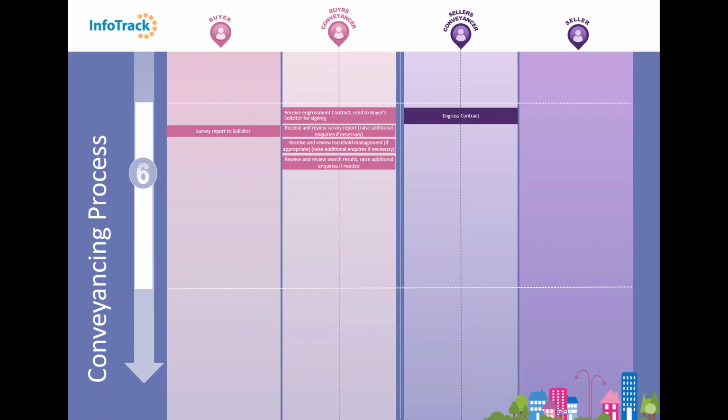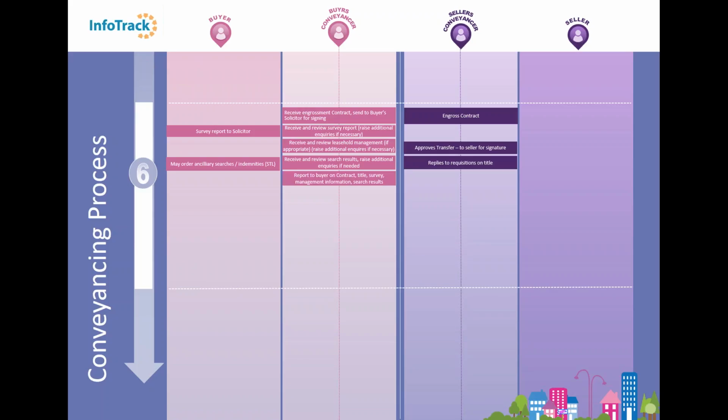They may also at that stage order some of the ancillary products that we've shown there, so if any risks have been highlighted, and also the conveyancing indemnity policies could be ordered at this time. Again, all of those can be ordered through InfoTrack. So the seller's conveyancer would approve the transfer and get a signature to those.